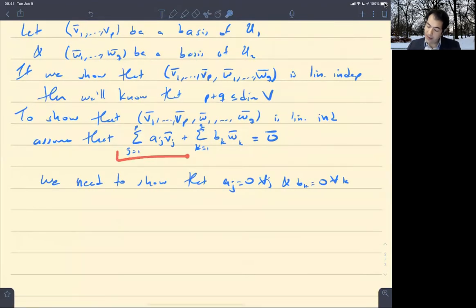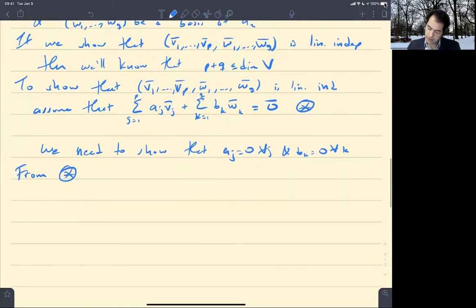So I have this, and I want to use that the only vector in both U1 and U2 is the 0 vector. Now notice that this is a vector in U1, and this is a vector in U2, right? Because this is a basis of U1 and this is a basis of U2. So if their sum is equal to 0, that means that one of them is equal to minus the other one, right? Let's give this a name. Let's call that star.